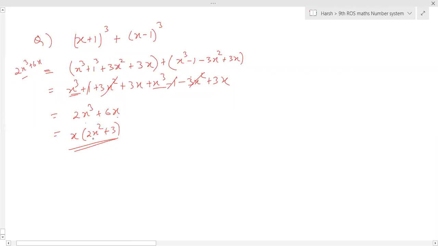We can take 2x common, right? Sorry, yes, 2x common. 2x left out: x square plus 3. Okay? Now next question. Everyone understood this part? Anyone has any doubt in this solution?